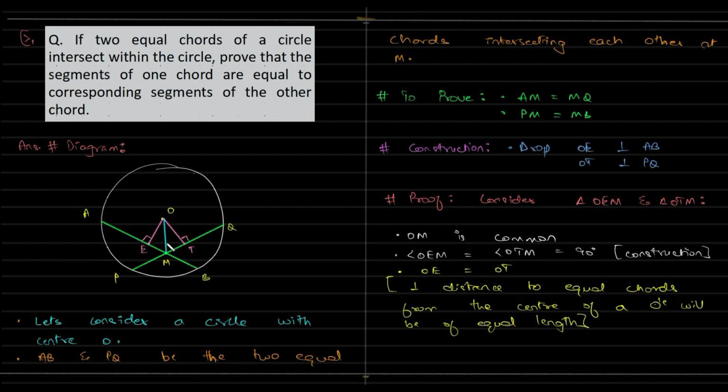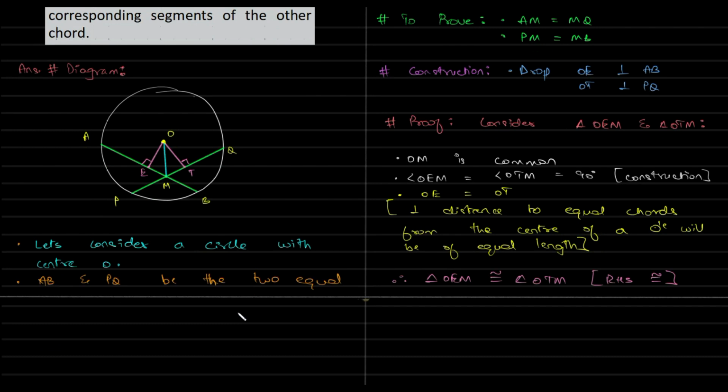So the theorem tells that OE is equal to OT. Now with this in mind, what can we conclude? Therefore triangle OEM is congruent to triangle OTM. How can we tell this? With the help of RHS, is it not? Right angle, this is our hypotenuse OM, and this is our side, with the help of RHS congruency.